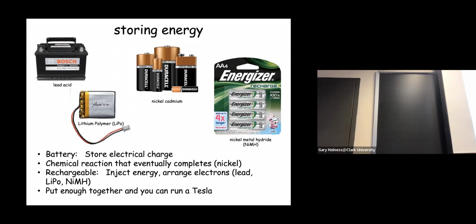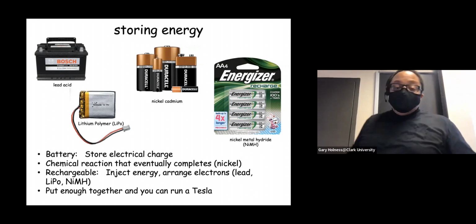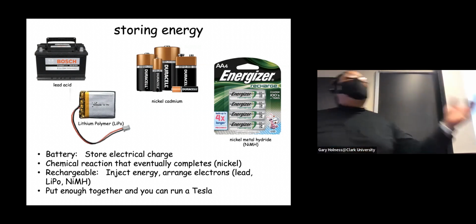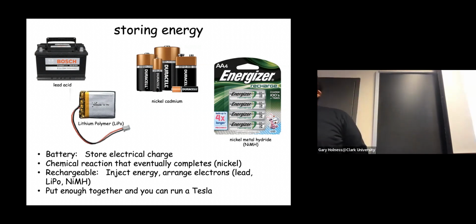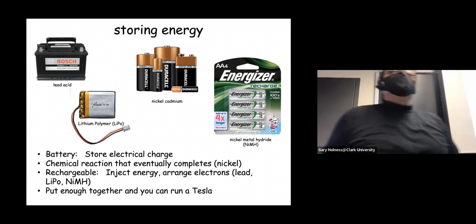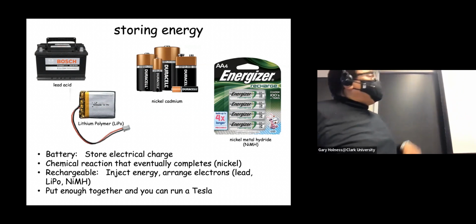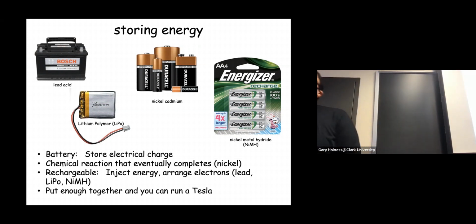You apply electricity to them, and this electricity reorients the arrangement of the electrons, and you take off that energy you've injected, and now you can use it, and it gets spent. And then you apply electricity again to it to reorient those electrons again. Now, of course, this doesn't last forever, because after a time, the mechanism wears out, and even rechargeable batteries can be spent, okay? But any questions about this?